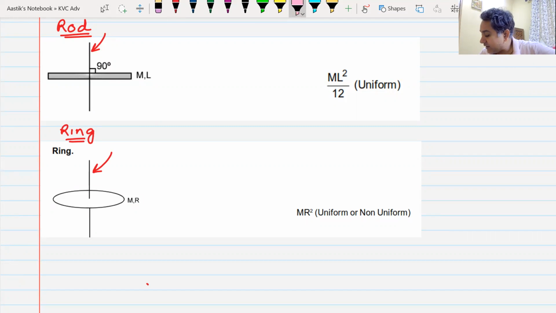Moment of inertia is mr square, whether the mass is distributed uniformly or non-uniformly, because all the mass is at the same distance. So even if it is not distributed uniformly, the answer would be mr square only, whether it is uniform or non-uniform.